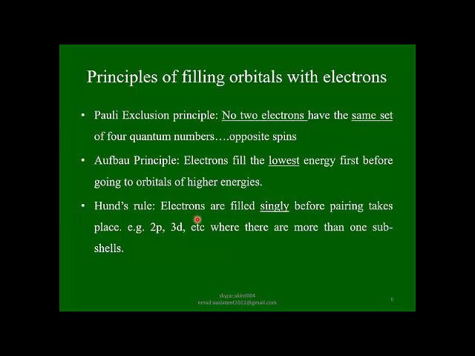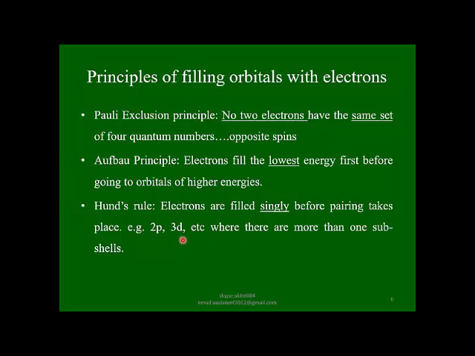Hund's rule is that electrons are filled singly before pairing takes place. This happens in orbitals where we have subshells, like in p, d, and f. It doesn't happen in s, because s is just one. If it is 1s, it's 1s. If it is 2s, it's 2s. But for p, we have degeneracy: px, py, and pz.